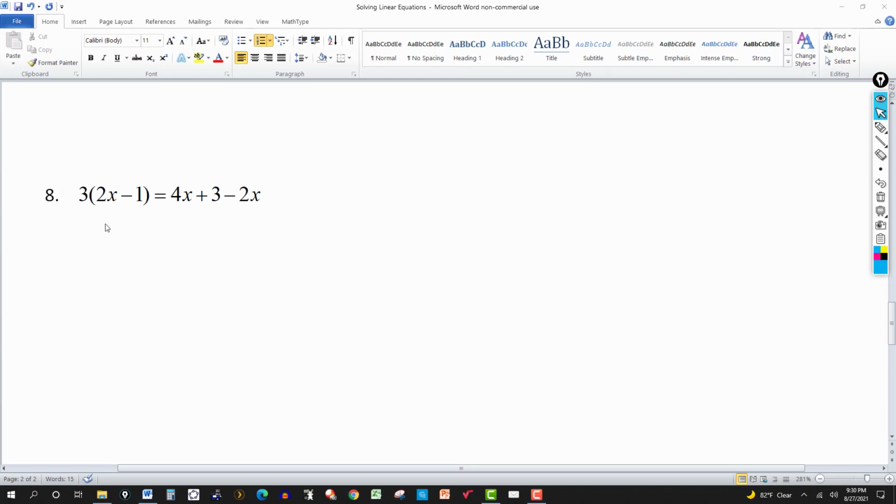Now this one again, if you have any parentheses on one side, go ahead and simplify, combine terms, and then we're going to go through the main steps. So here, I have 3 and then I have parentheses. That means the 3 multiplies everything inside the parentheses. So what we do is say 3 times 2x is 6x.